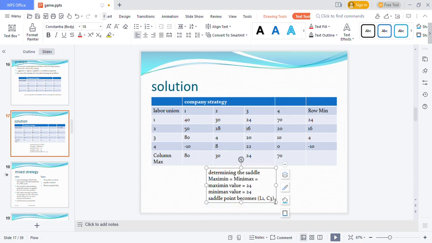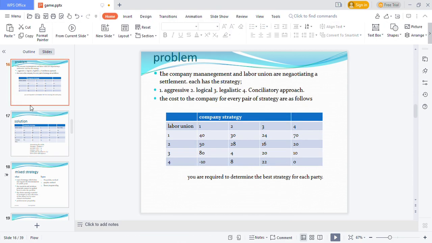Now this is where the rubber meets the road. We need to determine which strategies the company and the labor union will employ. Labor union will employ which strategy? Aggressive, if I'm not wrong. Yes, aggressive strategy.